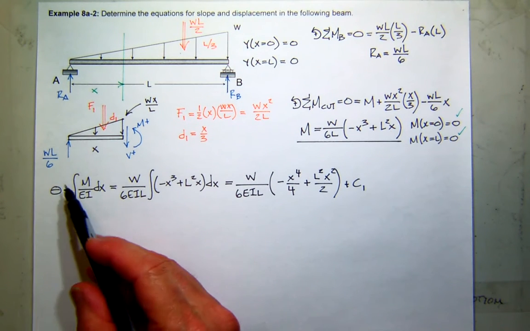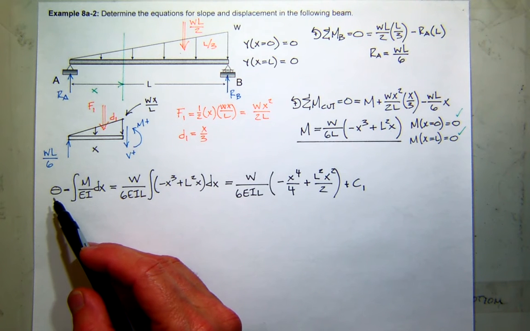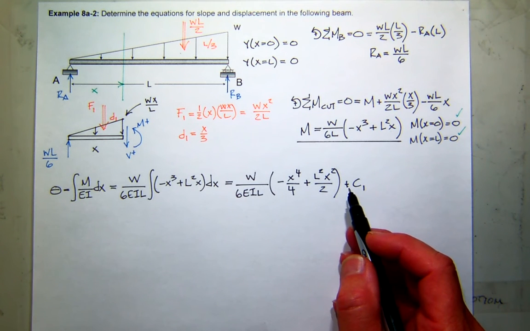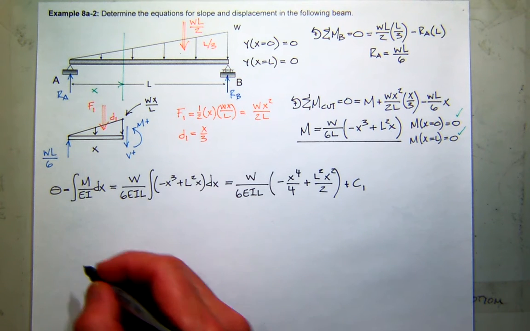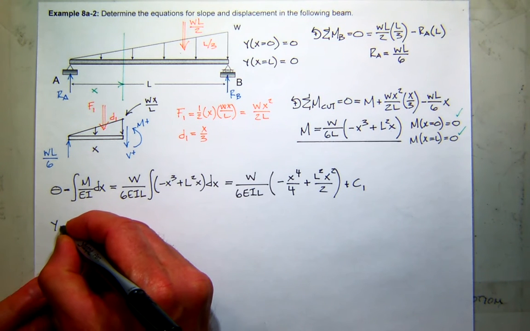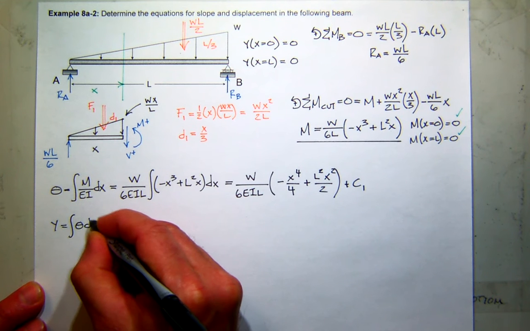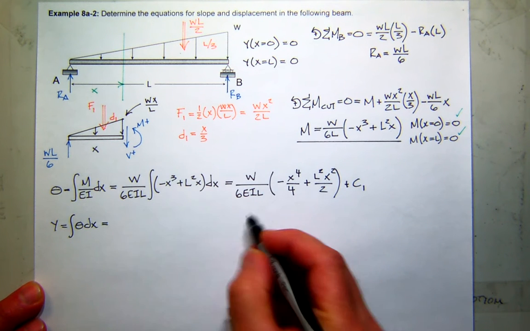And again, I don't know anything about slope right now, so I have to let this C1 just sit there. So let's integrate that and get displacement. So I know displacement's the integral of slope. So I just integrate this guy.